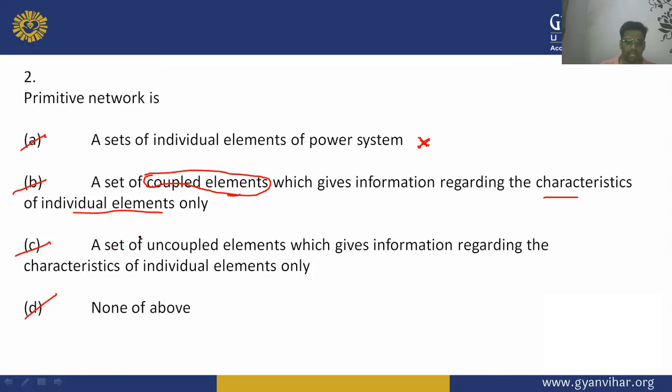It will be the uncoupled elements. So the correct answer is C. That is a set of uncoupled elements which gives the information regarding the characteristics of individual elements only. And D is not an option. I hope this is clear to you now.